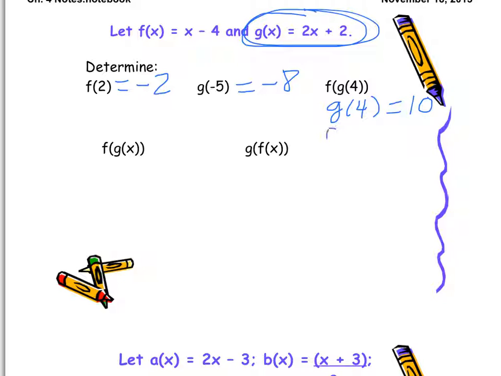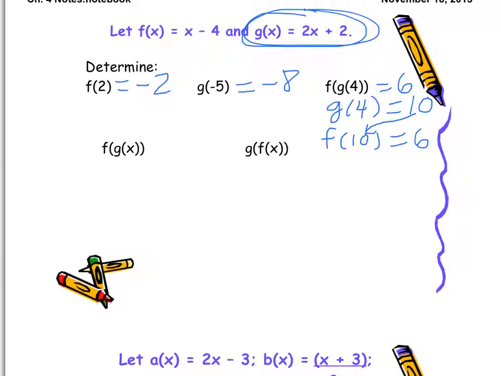So now I'm going to evaluate f of 10. The output from g of 4, that's what goes into f. And f of 10 is 6. So I could have said from the beginning that f of g of 4 would equal 6.